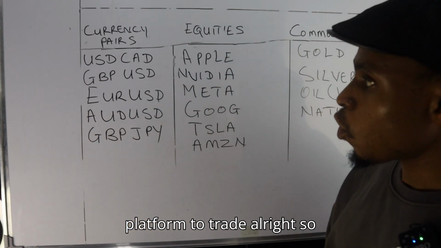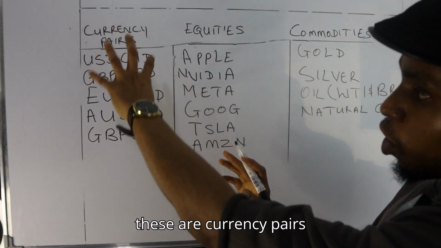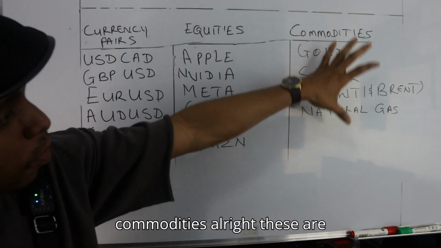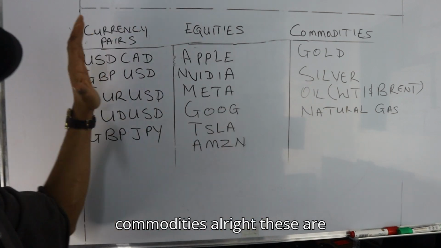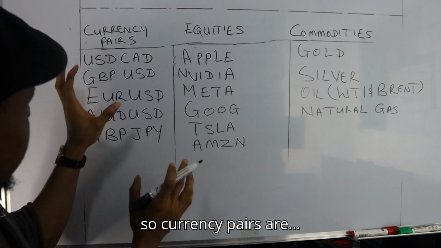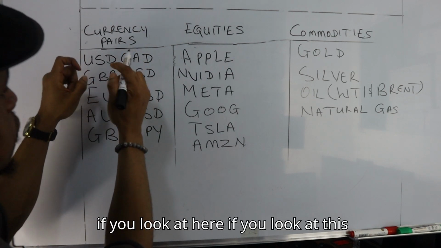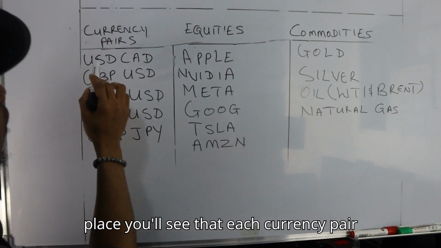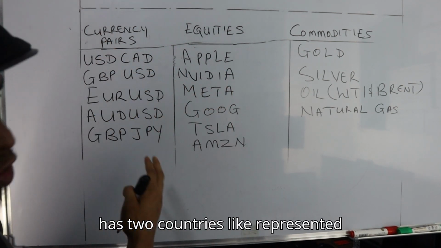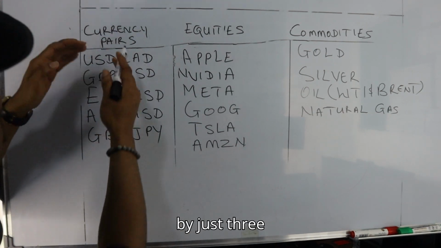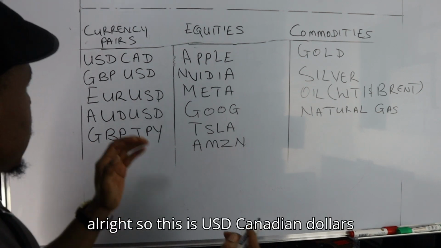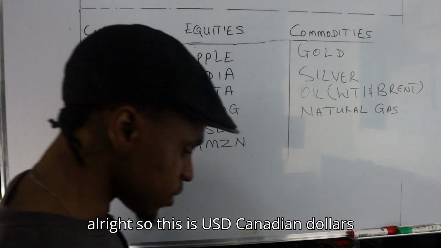So these are currency pairs, these are equities, and these are commodities. If you look at this place, you'll see that each currency pair has two countries, represented by three distinct letters each. This is USD Canadian dollars.